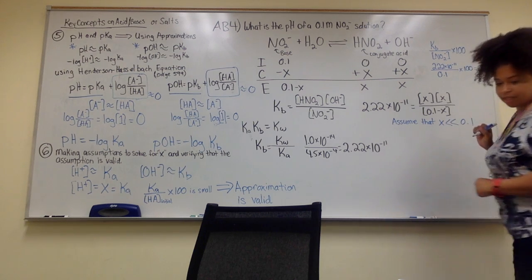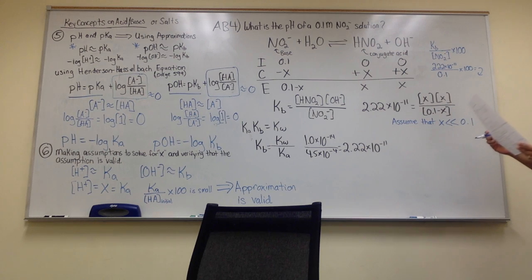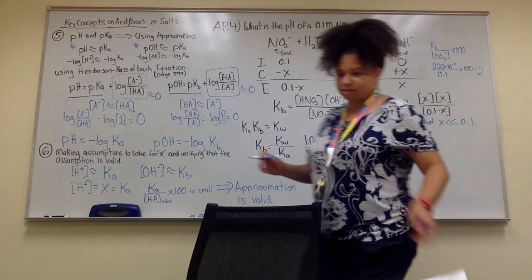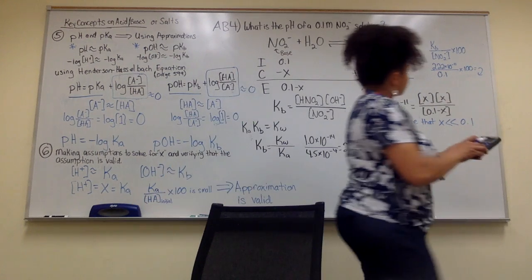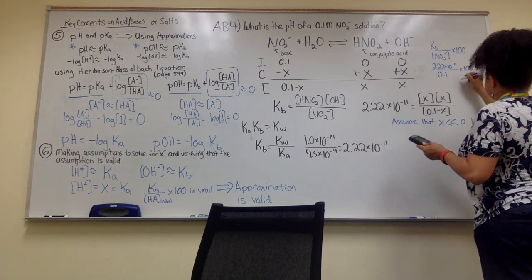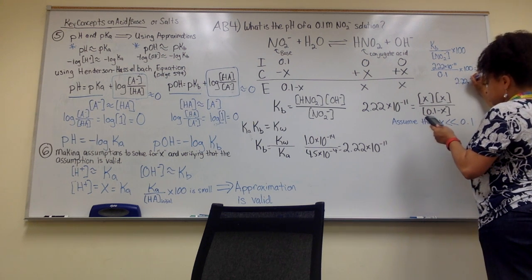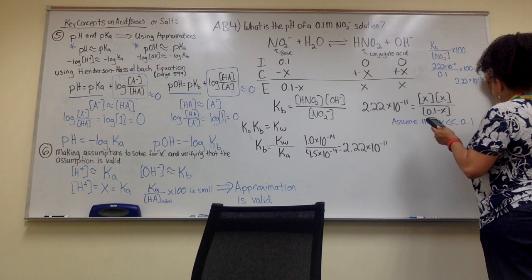So then we calculate our percent dissociation. I don't remember if I did that, so let me make sure whether or not this is valid. And we definitely know that it's super small, 2.22 times 10 to the minus 8.